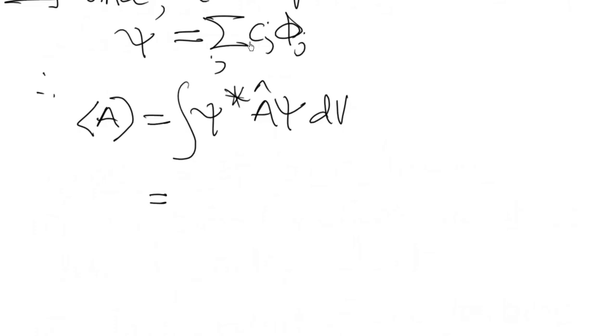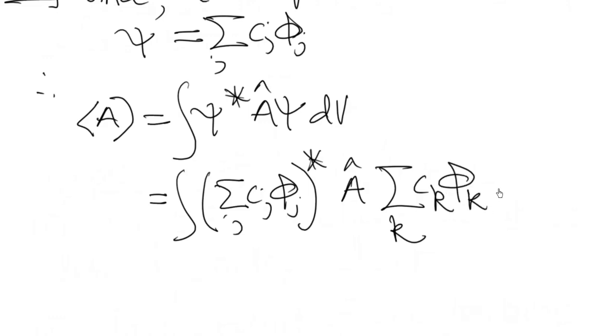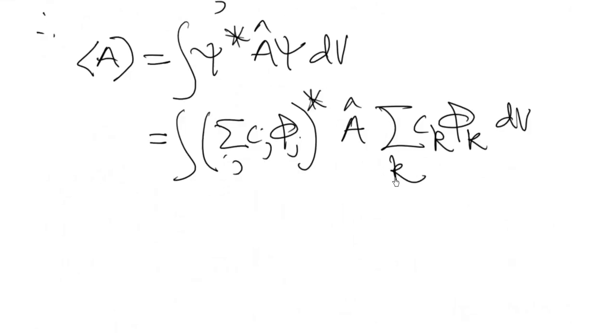Now we substitute this expansion of psi, where we have used a separate, different index for the second summation, because here there is a product, and that is why we will have to use two different indices for the summations.